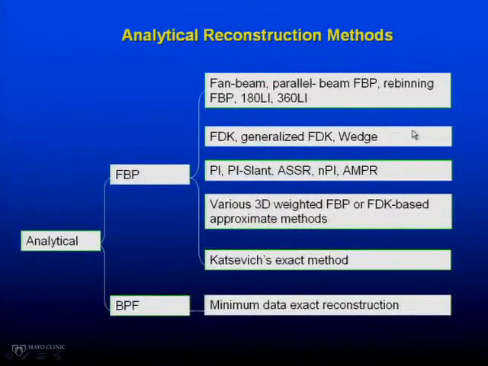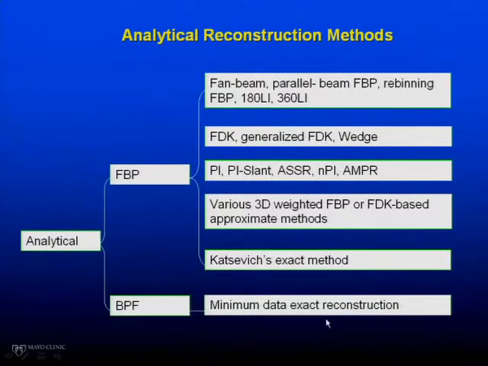And over the last 2 decades, a lot of reconstruction methods have been developed. The main purpose is to improve the accuracy of the reconstruction for helical multi-slice CT with wider collimation. Most of them are actually approximate methods.